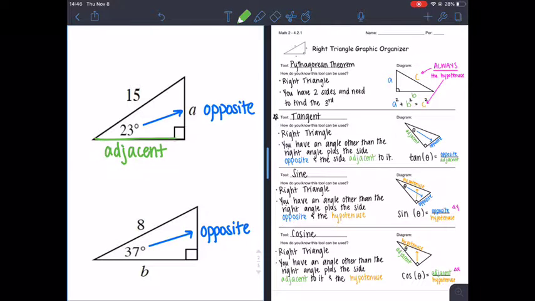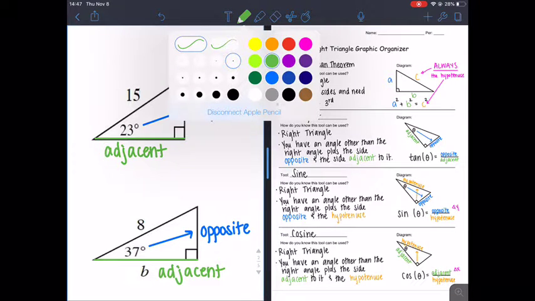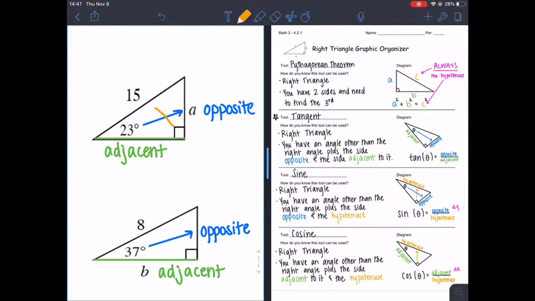So this is touching the angle, and this one is touching the angle down here. So this is my adjacent side. And then our hypotenuse is across from our 90-degree angle. So here's the hypotenuse for the first one. And here's the hypotenuse for the second.